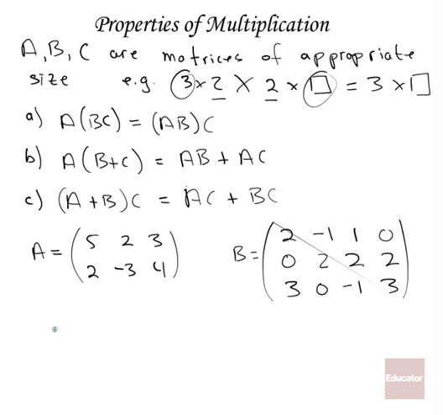And let's take C, also a little bit of a big matrix here: 1, 0, 2, 2, negative 3, 0, 0, 0, 3, and 2, 1, 0.